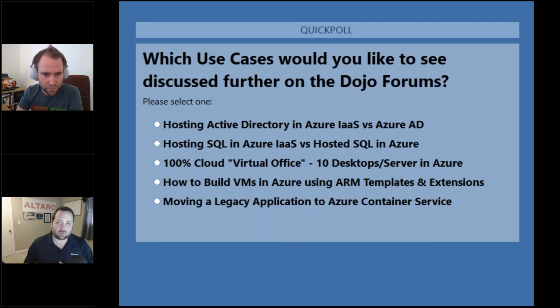We'll get you the answers to the questions and facilitate community discussion about those use cases. We want your input on which use cases you'd like to see, and we'll give another 20 seconds or so for those responses while we go through the questions.